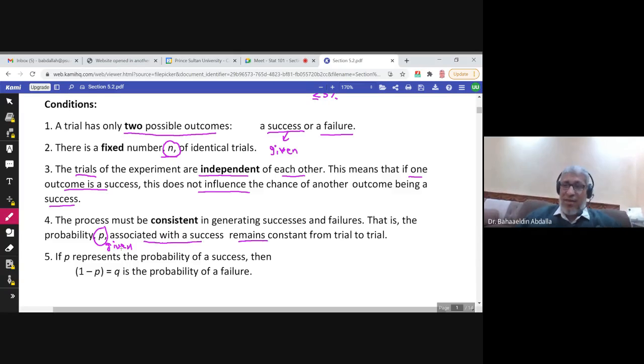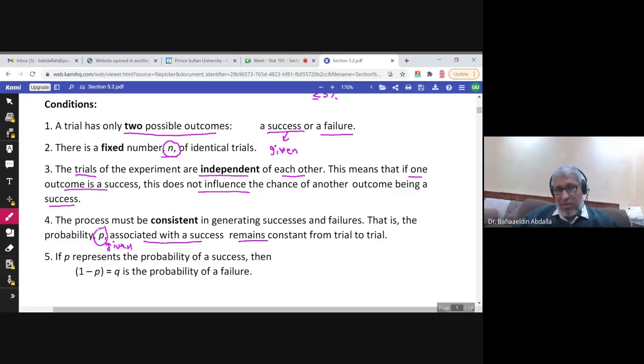When he says toss a fair coin, it means the probability of head is equal to the probability of tail, both 0.5. So this is given in the question. You should know it. But in other examples, he has to give me p. So he will say, for example, we know from past experience or from past records that 40% of students at PSU are not Saudis.